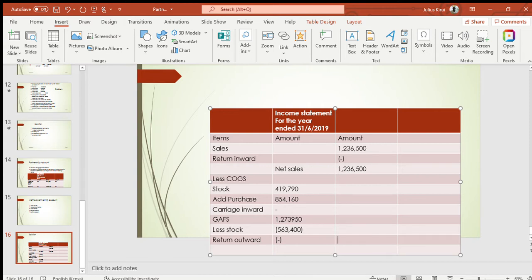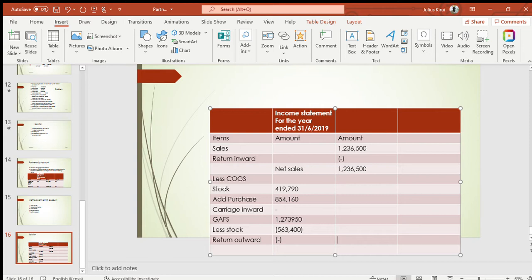So what is our cost of goods sold? 1,273,950 minus 563,400. What do you get? After deducting less stock. Actually, they are less at the same time with the closing stock. Okay. So what do you get?